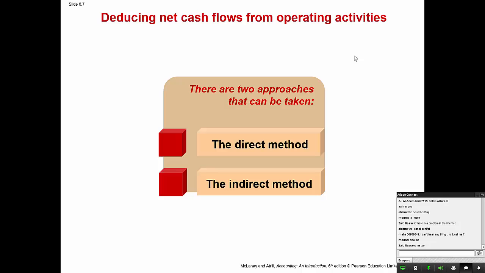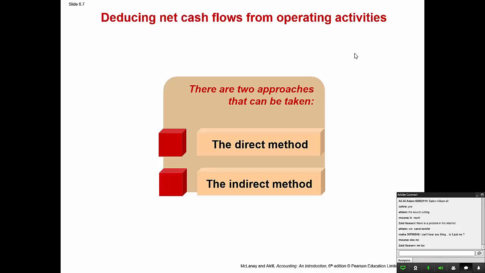The cash flows from investing activities and cash flows from financing activities will be given to us by the company. The company has records for all the investments and for all the financing activities.